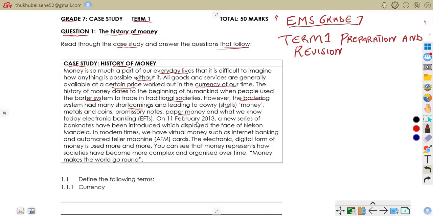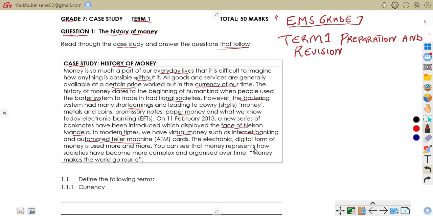On the 11th February 2013, a new series of banknotes was introduced which displayed the face of Nelson Mandela. In modern times, we have virtual money such as internet banking and automated teller machine cards. So the electronic digital form of money is used more and more.